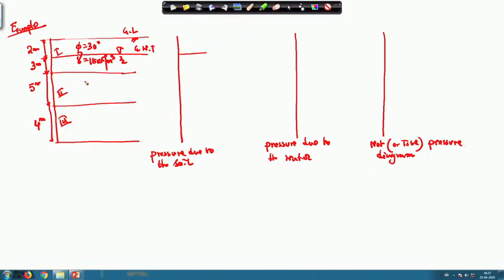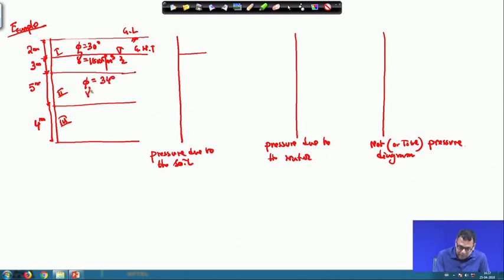If both the unit weights are given, the unit weight above the water table and the unit weight of the soil under saturated condition, then you have to consider both the unit weights, but here only 1 unit weight is given. Okay. So, now the second one, phi value is given 34 degree and unit weight is 19 kilonewton per meter cube.